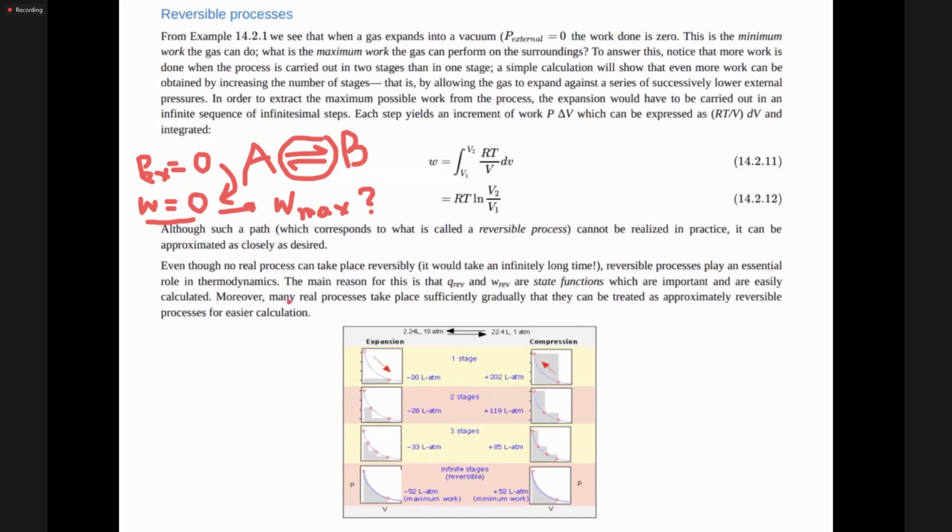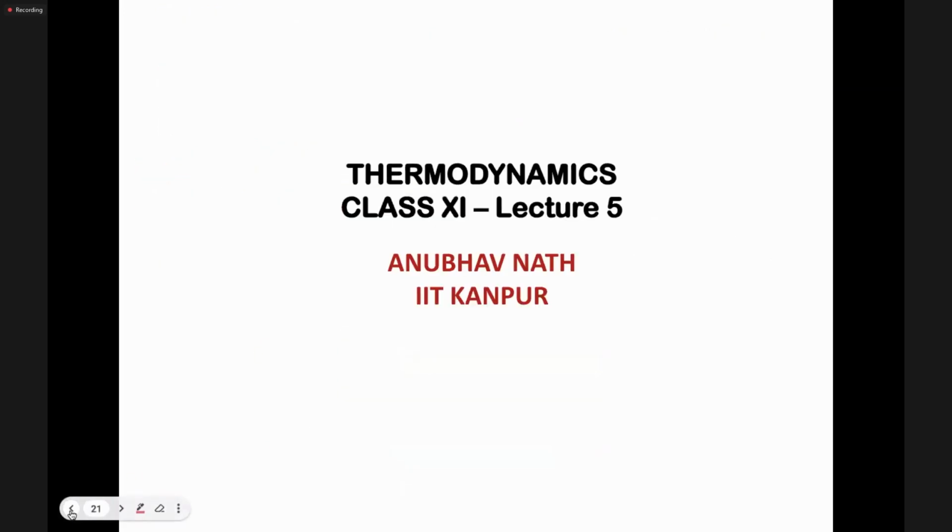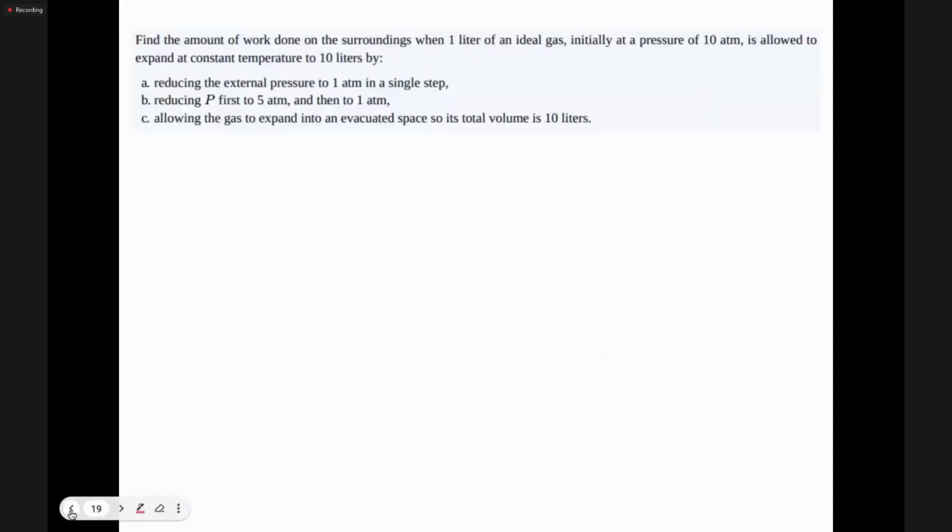If I take you back to the last class problem that I solved for you, in the first step, A, the work done was minus 9 liter atmosphere. In case of path B, I segregated the process into two different stages: firstly I decreased the pressure to 5 atmosphere, and then decreased it to 1 atmosphere.